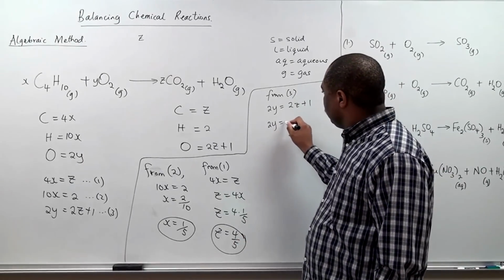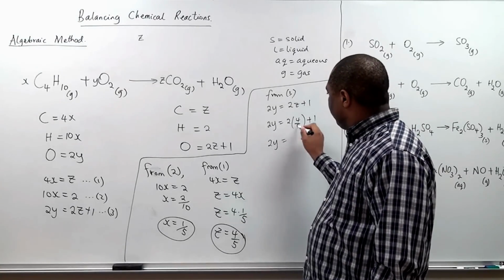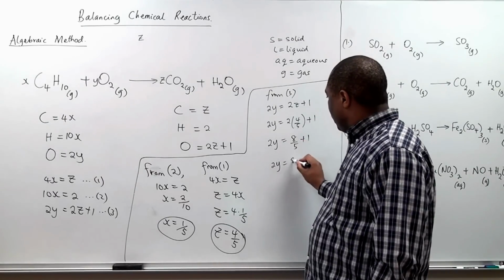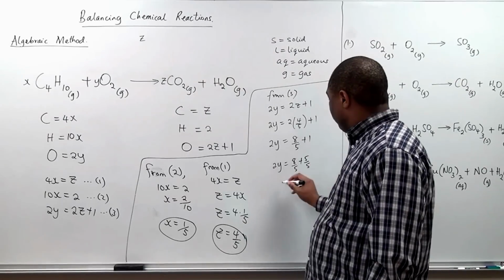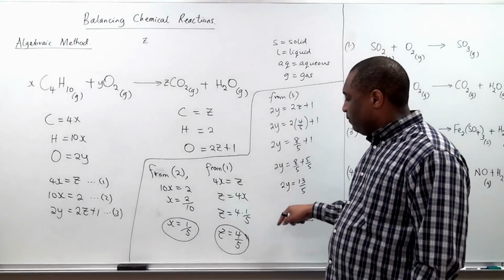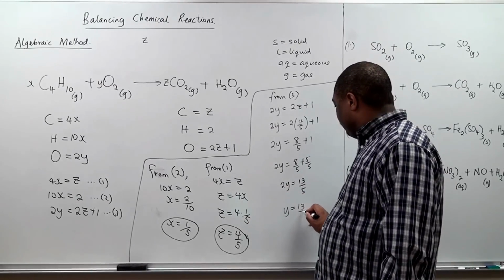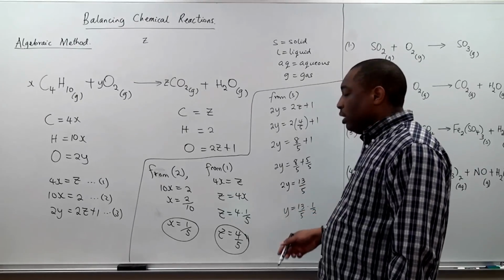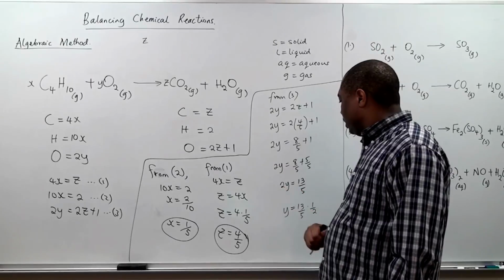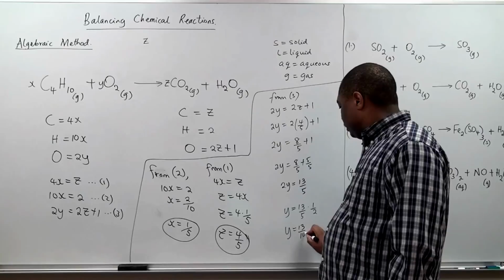This is 2y equal to 2 times 4 over 5 plus 1. 2y will be 8 over 5 plus 1, which is 8 over 5 plus 5 over 5. 2y will be 13 over 5. And then you divide both sides by 2. So y will be 13 over 5 times 1 over 2. You can also multiply by the LCD, and then 10y will be 13, and y will be 13 over 10.